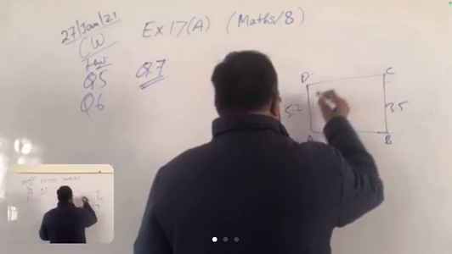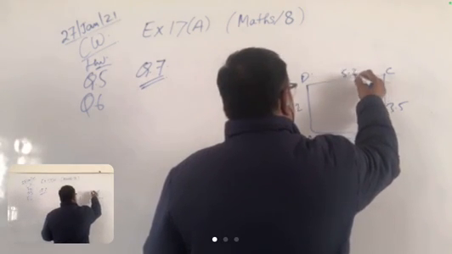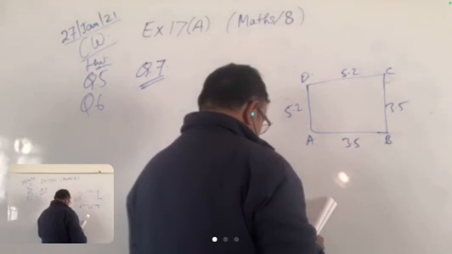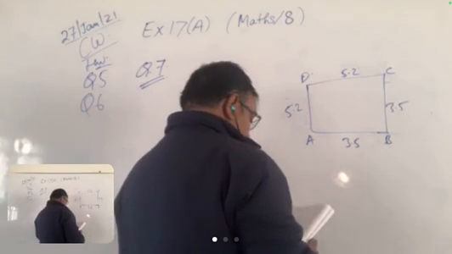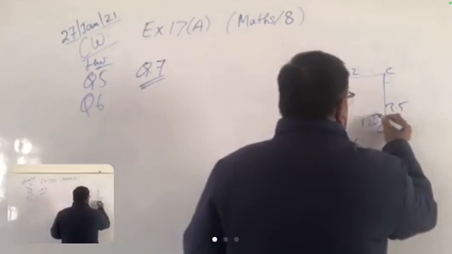AD is 5.2 and this is 5.2. And an angle ABC, this is 120 degree.